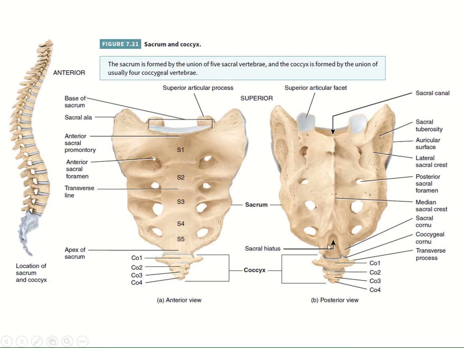And then there will be a sacral cornu over here, wherein the spinous processes were not able to fuse at the center. And then this would be your coccyx, like a pyramid or triangular shape, wherein you have a base and then an apex.